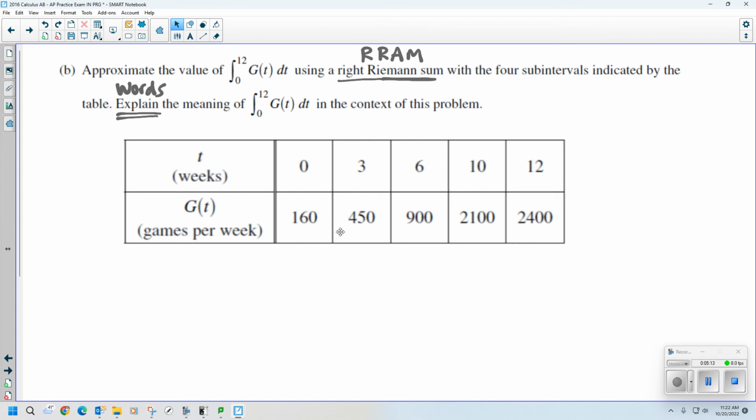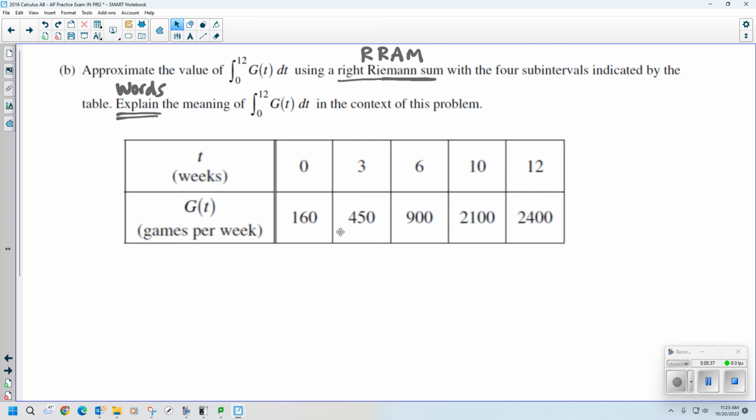Now, anytime I integrate something, integration is like area under the curve. In fact, when you went over content before we started reviewing for finals, we introduced integration by talking about MRAM, which is the middle value, LRAM, which is the left value, and RRAM, which is the right value.